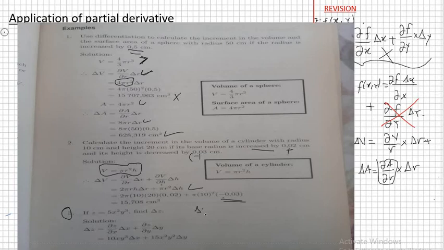The change of the function z is equal to the partial derivative of the function z with respect to x multiplied by the change in x, plus the partial derivative of the function z with respect to y multiplied by the change in y.